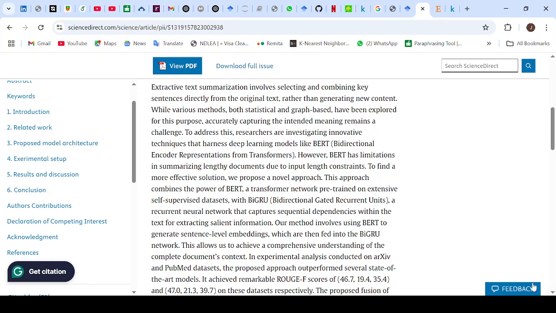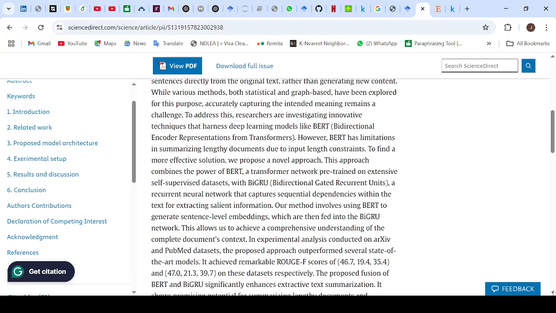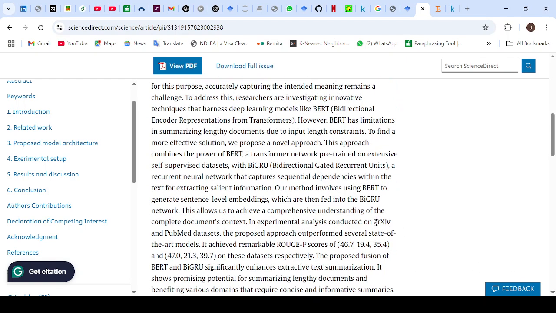In experimental analysis conducted on arXiv, this is a repository where you can get published articles. We have the PubMed dataset, we have the arXiv dataset. The proposed approach outperformed several state-of-the-art models.